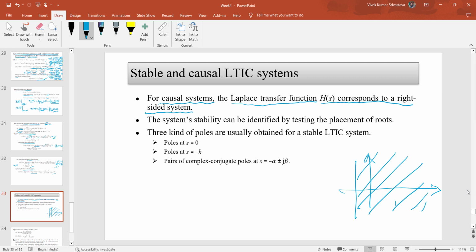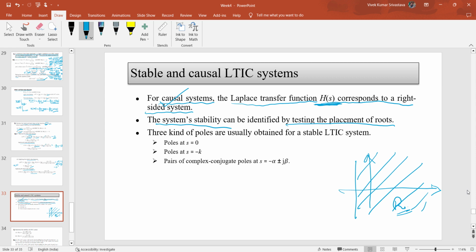If the region of convergence is right sided, then we can say that this function is a causal function. Whereas for evaluating the stability, we have to test the roots of this transfer function.